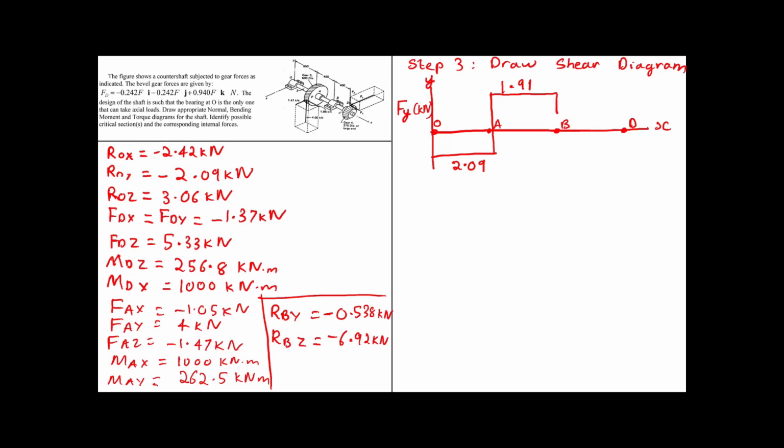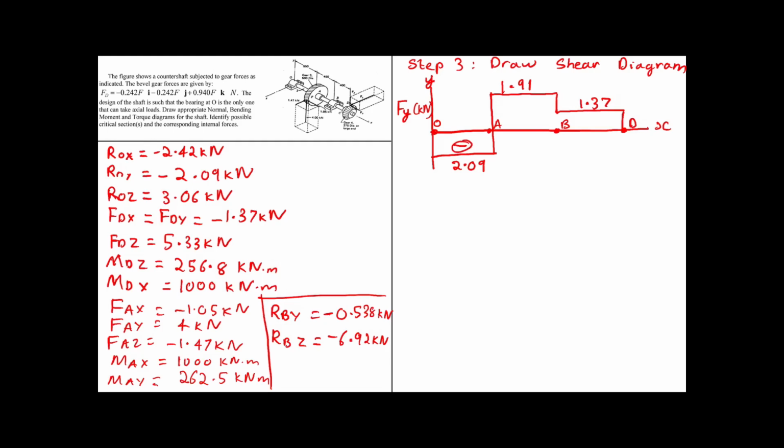So this would be the force, and this value is 1.37. And as you can see, RDY or FDY, it was about 1.37 negative. So we come back to 0.